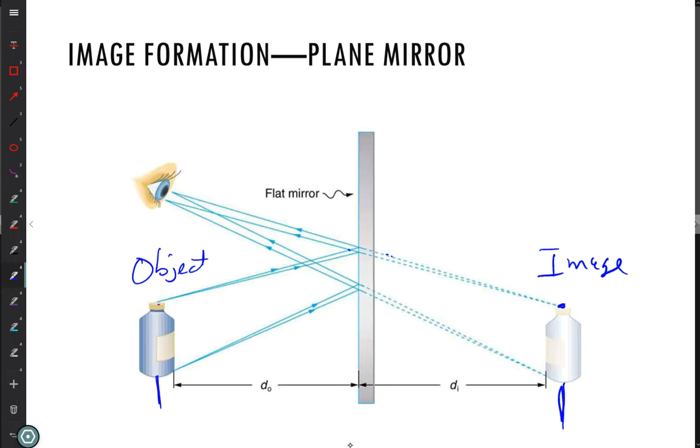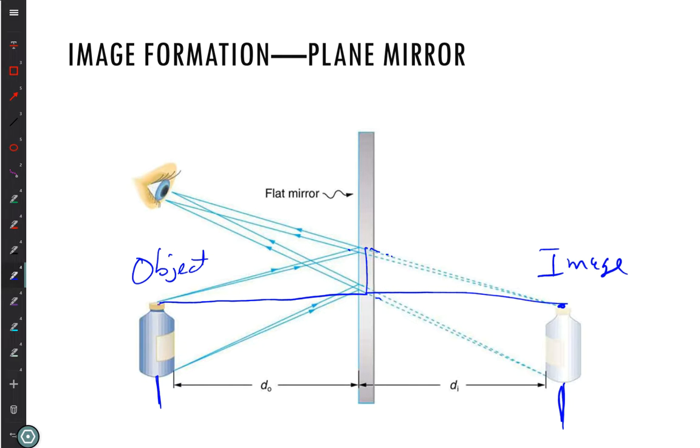Incident means coming from the object to the mirror. And so just based on geometry, these triangles should be identical triangles because I have the same angle coming down both sides, the same vertical distance, the same angle. Yeah. They're identical triangles, which means that the object distance and the image distance are the same.